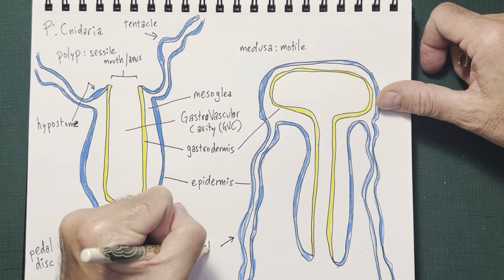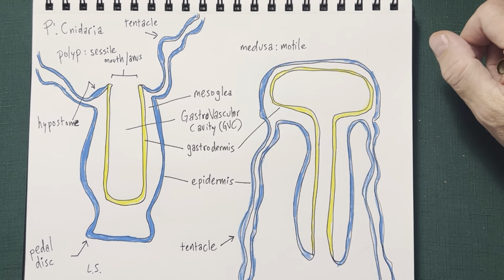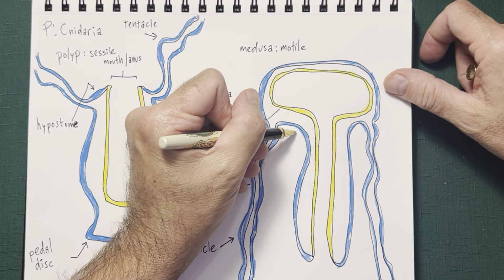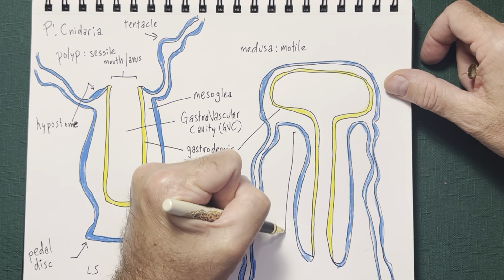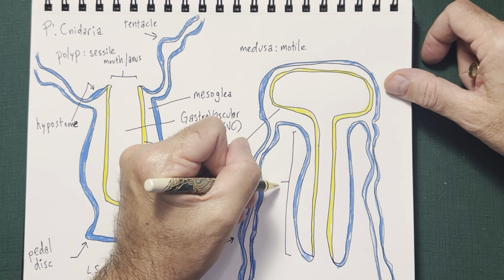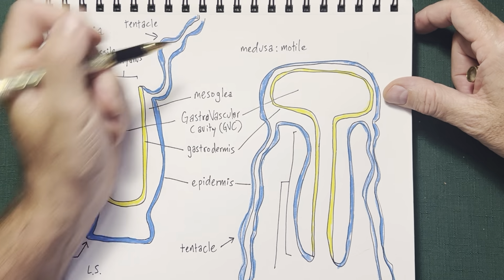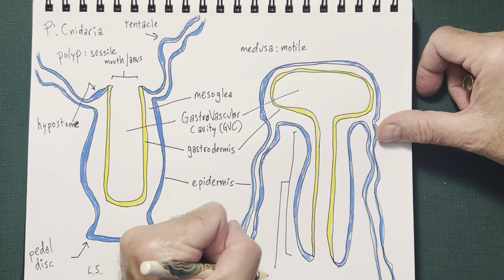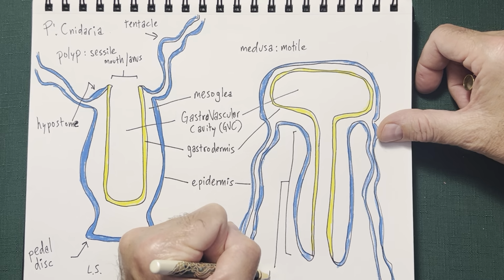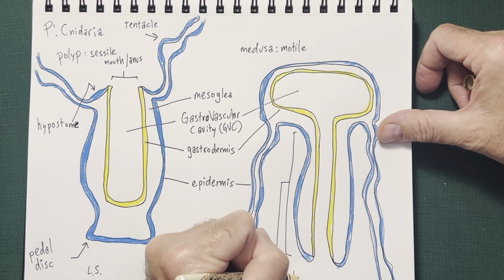We've got a tentacle over here, but rather than having a hypostome, we've got this bit that's kind of dangling down from the GVC. And this part over here, this hanging down bit, is called the manubrium.